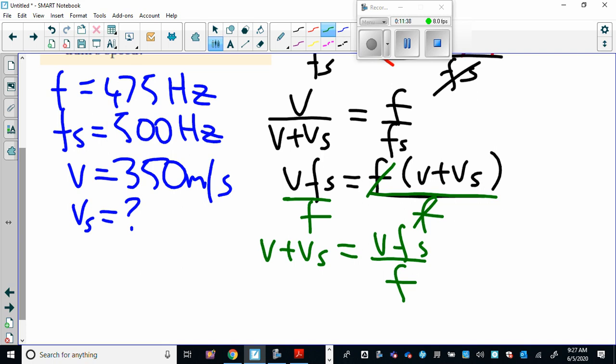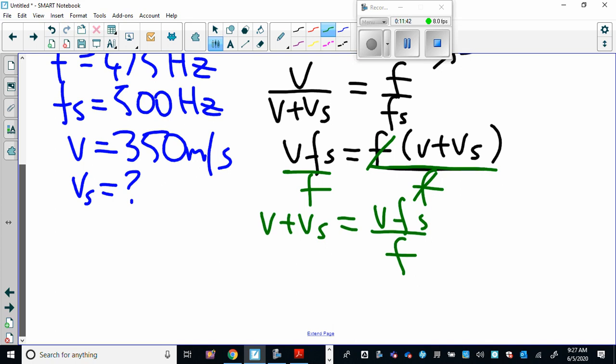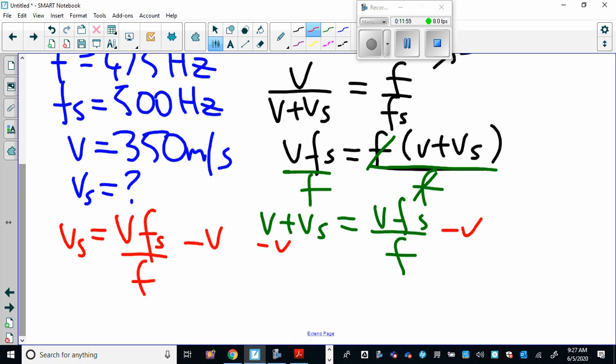And then you can see how it's pretty easy from here. We're just going to subtract the V from both sides. So minus V. And we end up getting Vs equals V Fs over F minus V.